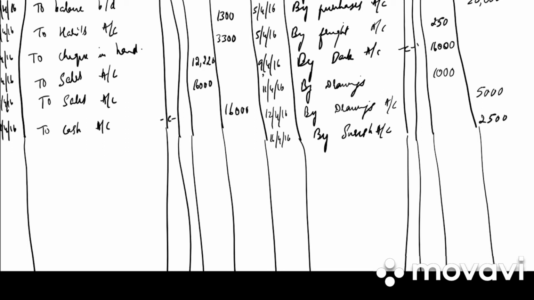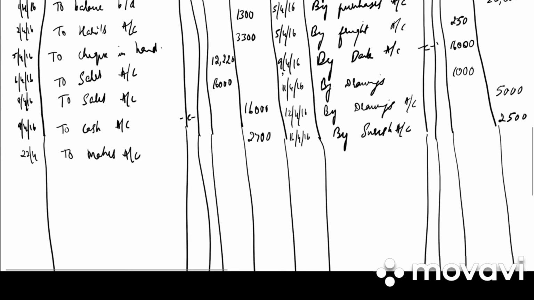Then we have received cheque from Mahesh and deposited into bank. So on 22nd to Mahesh account, how much is it? 2,700 in the bank column. Then received cash 1000 and cheque 1200 for cash sales. So on 24th we have two sales. 1000 in cash column, 1200 in bank column.